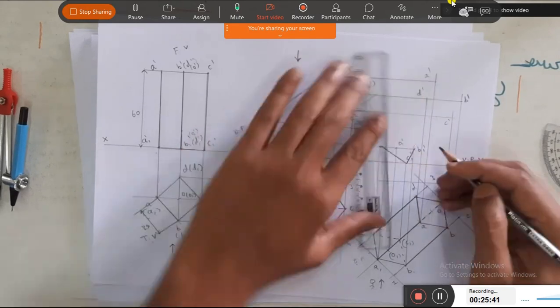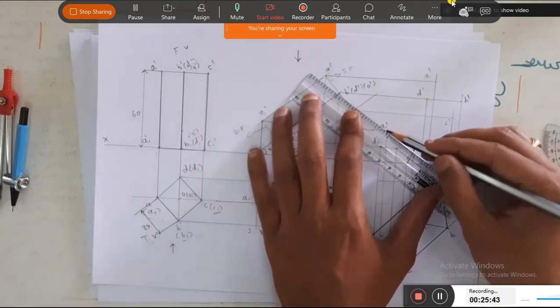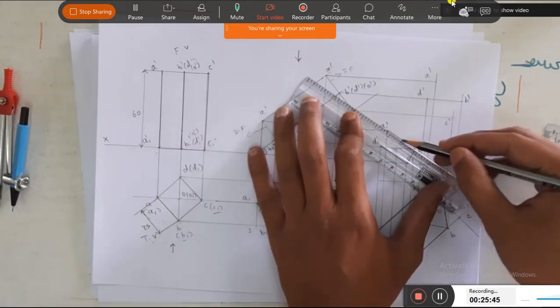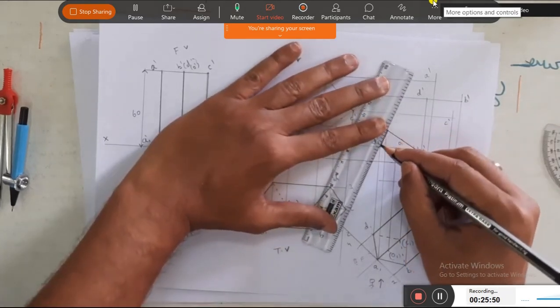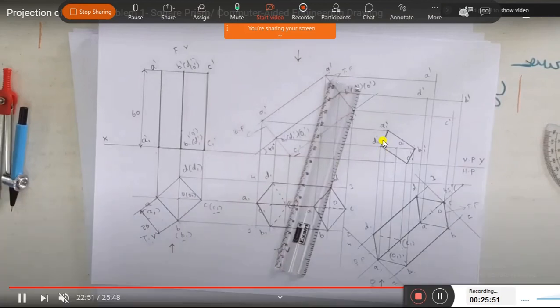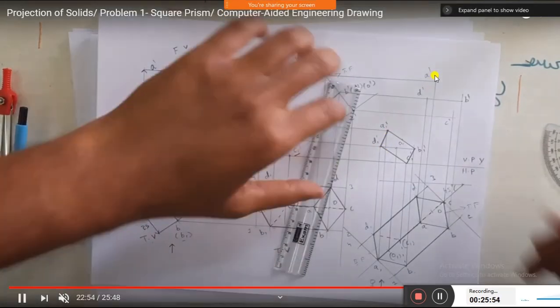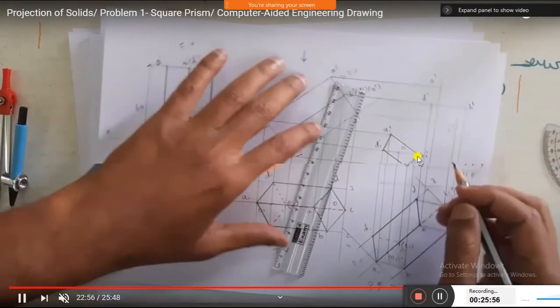So first you join the visible edges. See, it is visible. Then you have to join A1 to A dash, B1 dash to B1.